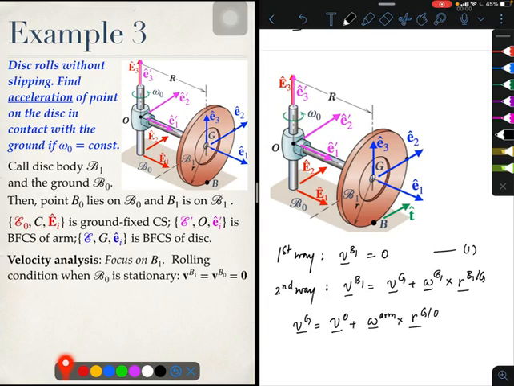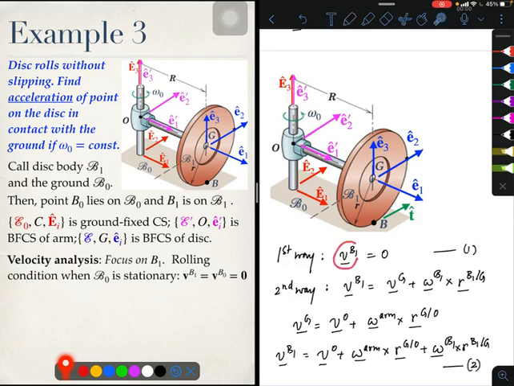I can combine these two equations to write that VB1 must be Vo plus omega arm cross Rgo plus omega B1 cross R B1 slash G. Let's call this equation 2.